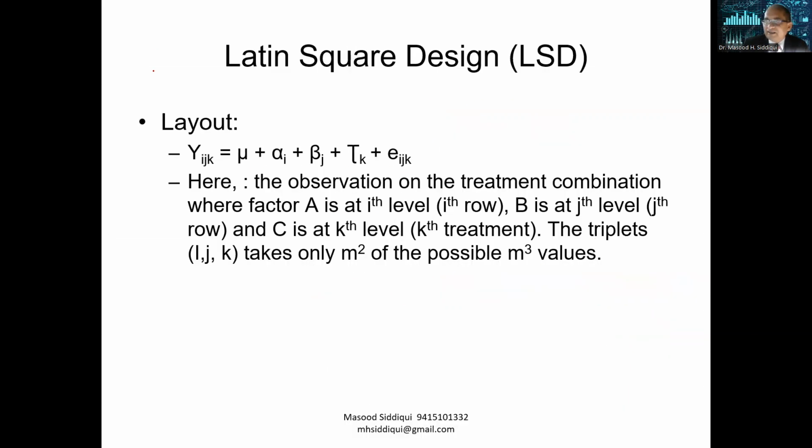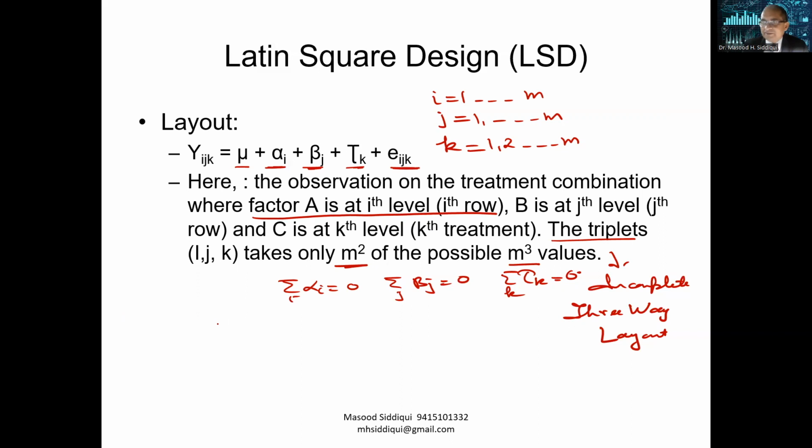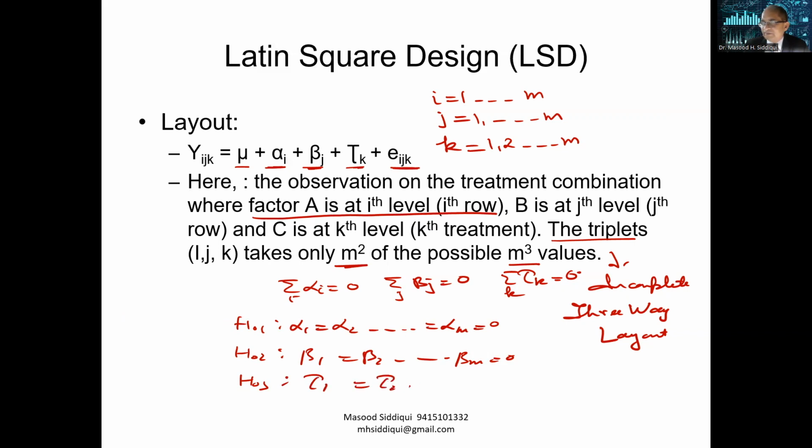And we take the hypotheses as H01, that all alphas are the same, H02, all betas are the same, and H03, all taus are the same, and H1 is that at least two are different.